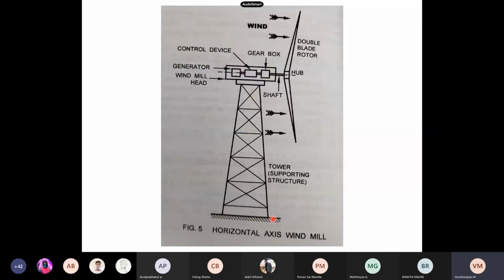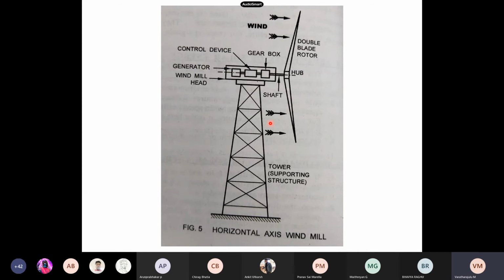Instead of the prime mover, we have blades. These plants are erected where we have larger winds. Those places are suited to erect these windmills. In Tamil Nadu, we have windmills at Thoothukudi and Tirunelveli and those areas.